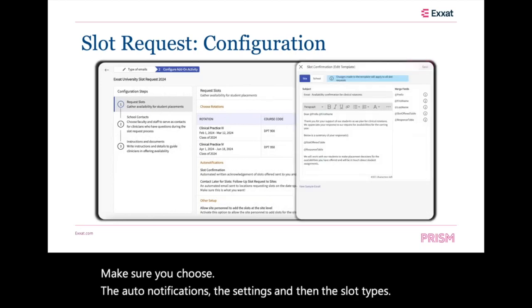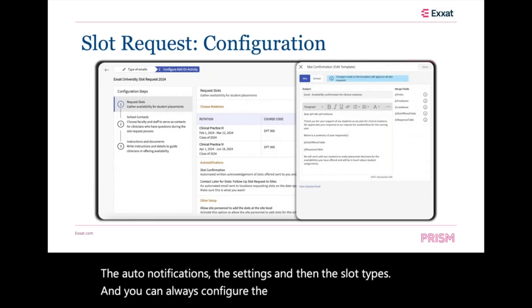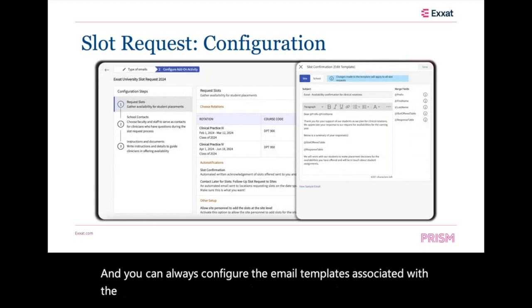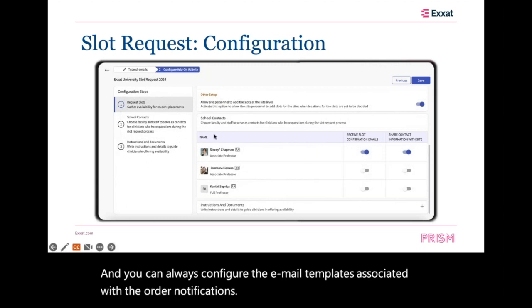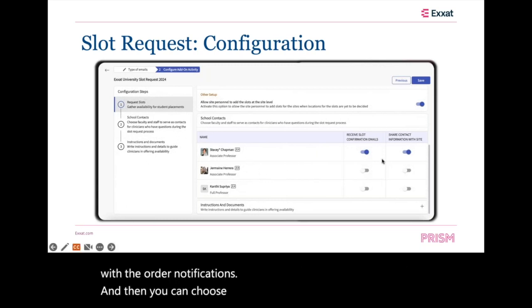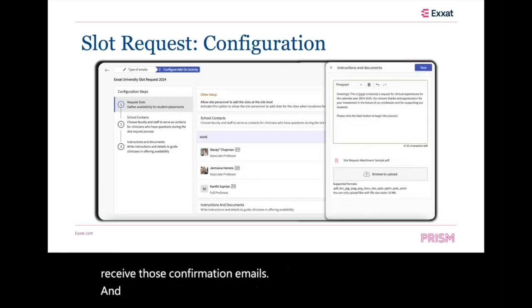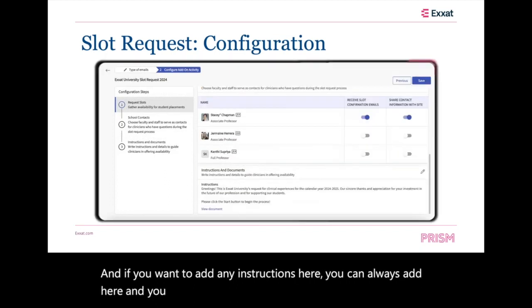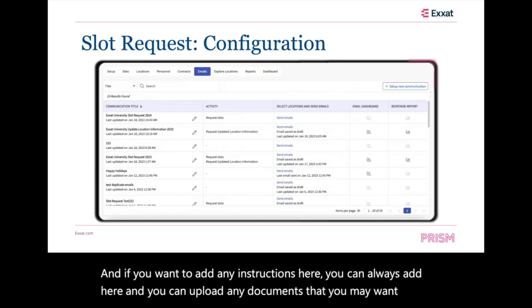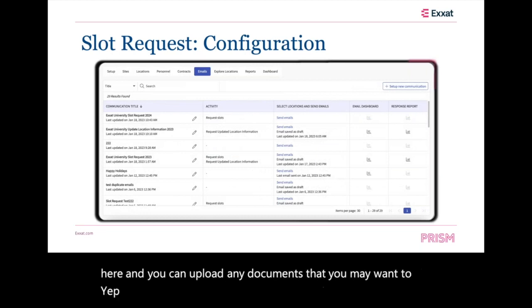And you can always configure the email templates associated with the auto notifications. And then you can decide who from the school needs to receive those confirmation emails. And if you want to add any instructions, you can add them here, and you can upload any documents that you may want to. Yep. So that completes the configuration.